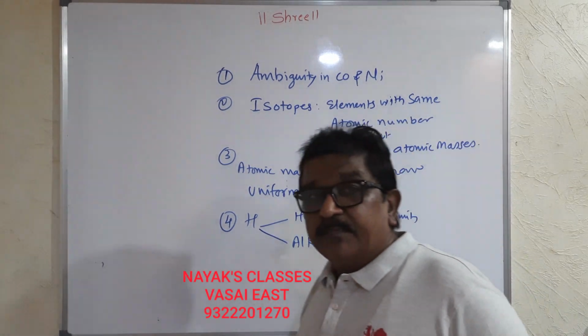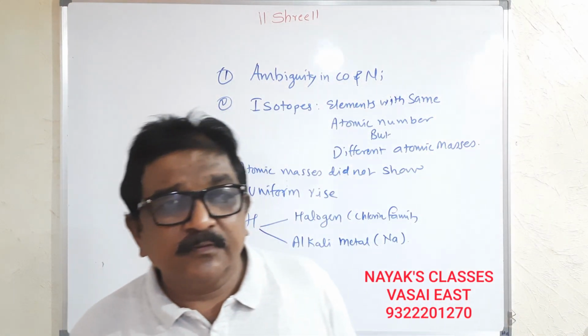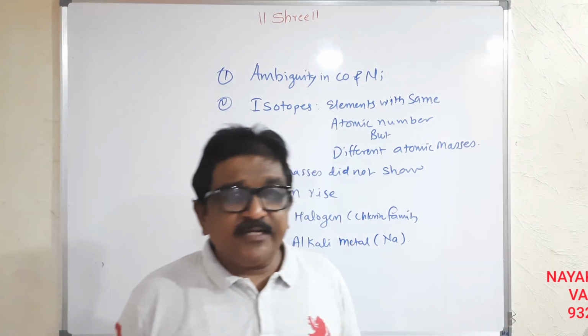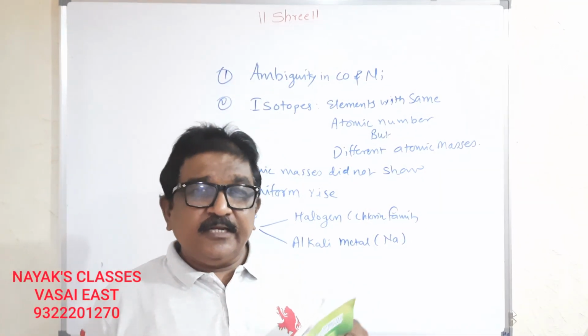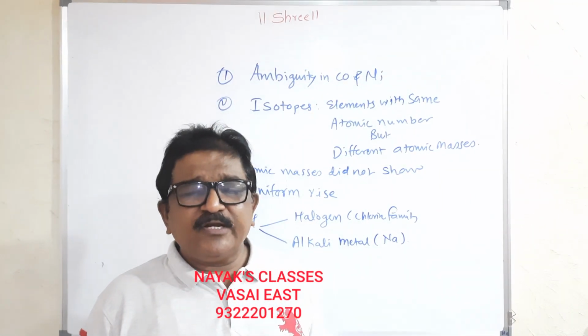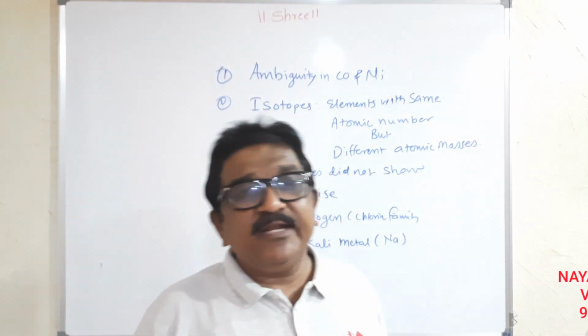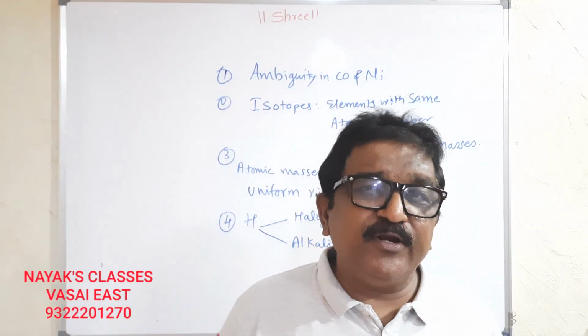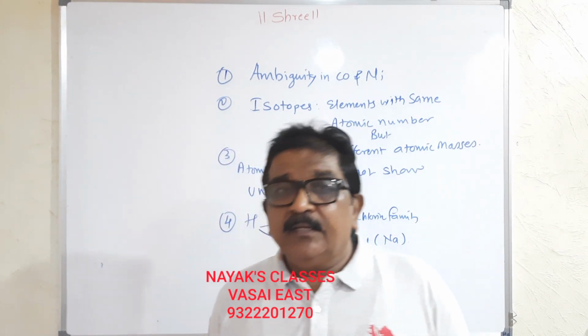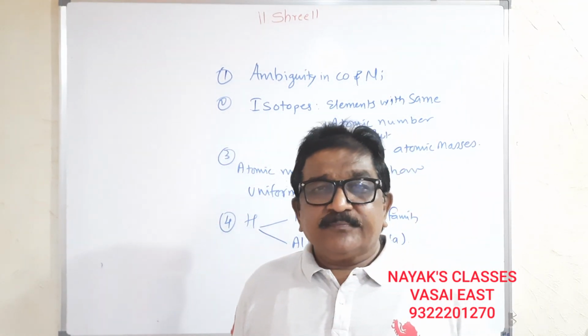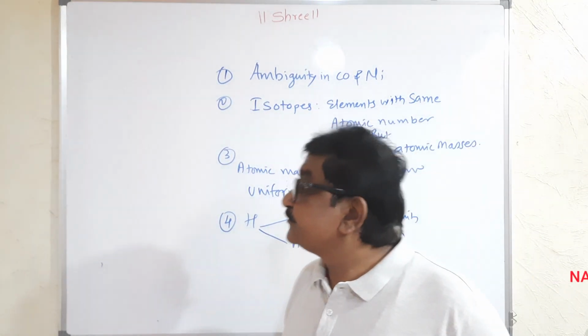After seeing the merits of Mendeleev's periodic table, the negative side of the table came forward, and those are called demerits of Mendeleev's periodic table. What were they? Here they are.